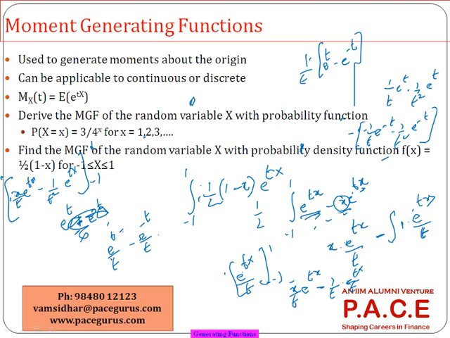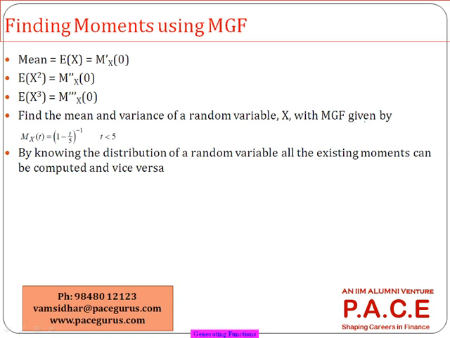Fine. Now how do I use the moment generating function to find the moments? As simple as, just like in the PGF, where we took a derivative of the PGF and then substituted t equal to 1, here we substitute 0. Let's say in our discrete example we got 3e power t by 4 minus e power t.